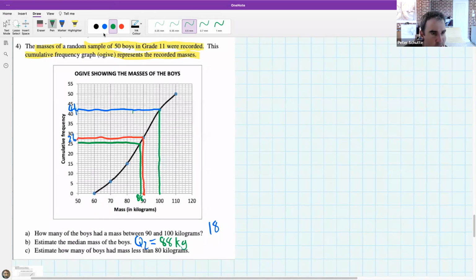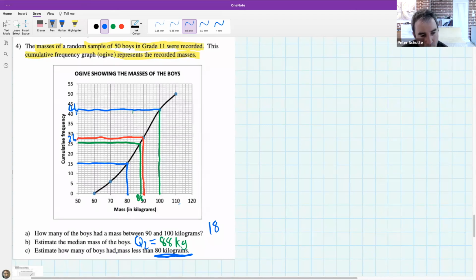So if I'm looking for 80 kilograms, it feels like I'll find that on the horizontal axis. So I'm going to go find 80, and then I'm going to connect it up to my ogive. Okay, so that's 80. Now, what is 80 in line with? Seems to be in line with 15.